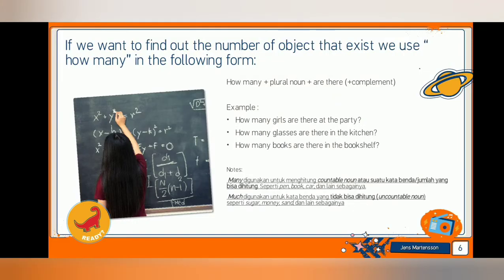And then now we will learn about how to use how much and how many. How many, the formula is how many plus plural noun, that means the things are more than one.